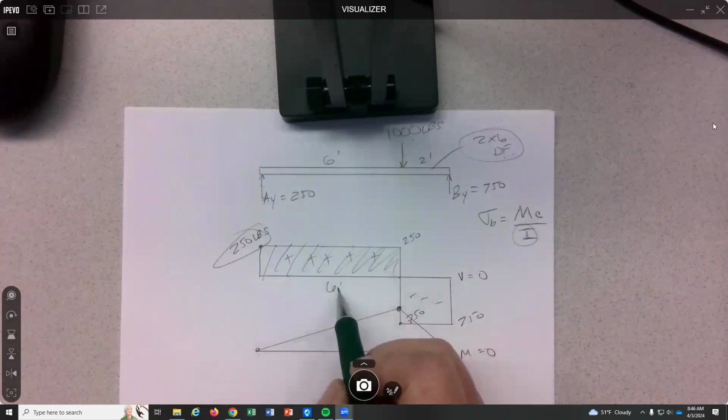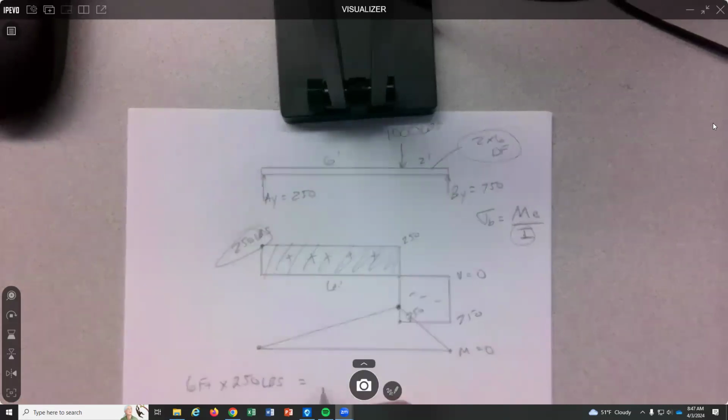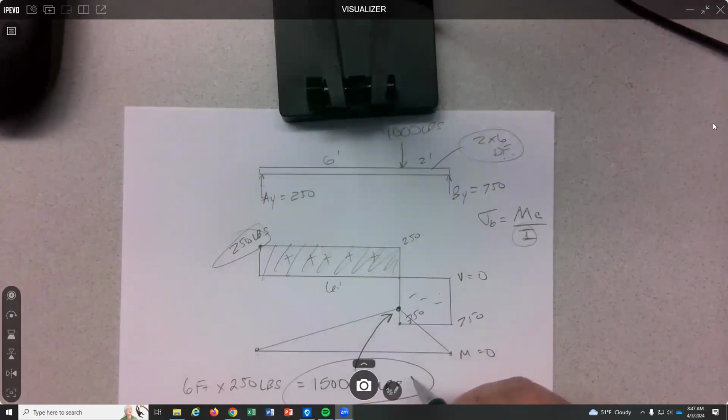Area of a rectangle is 6 times 250. 6 feet times 250 pounds equals 1,500. Foot-pounds, right? And that's a moment. That's this. And that's that.